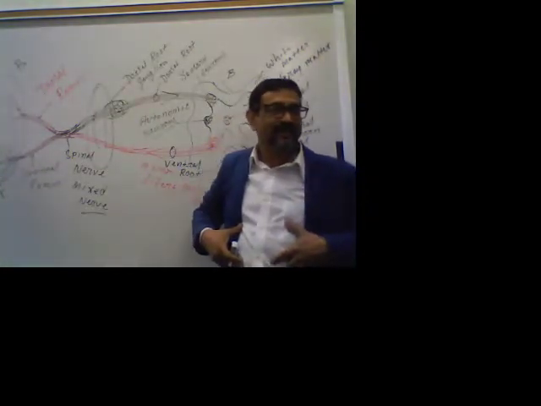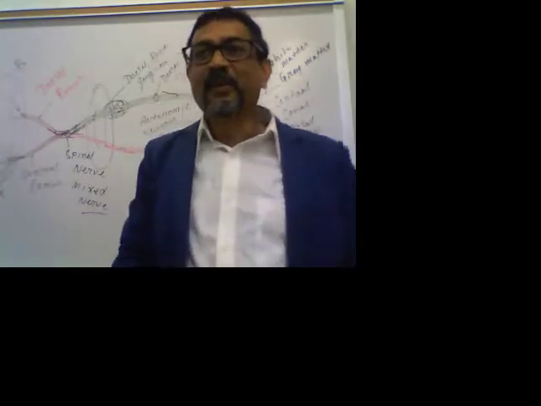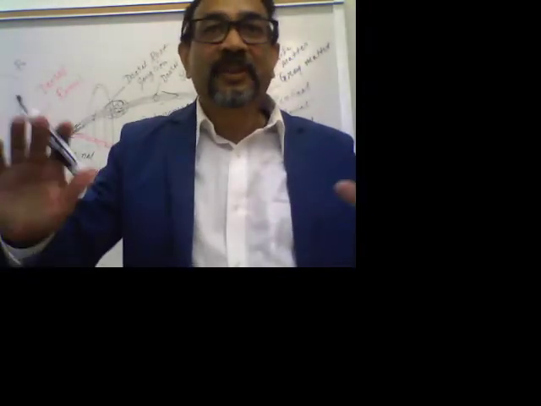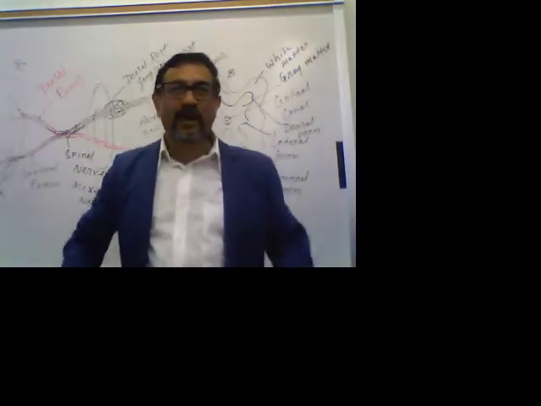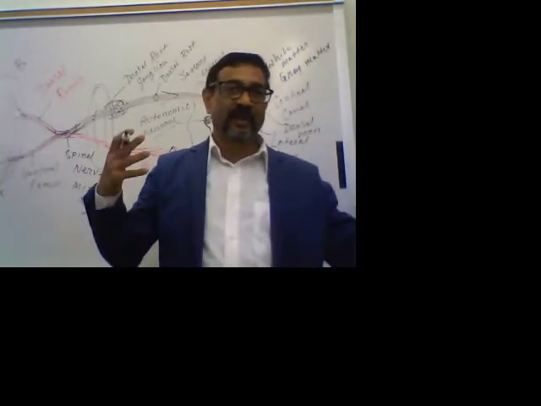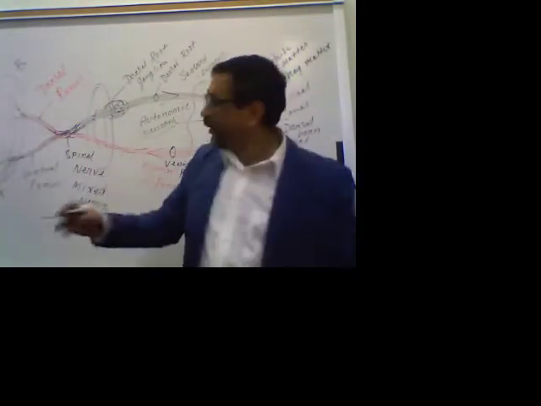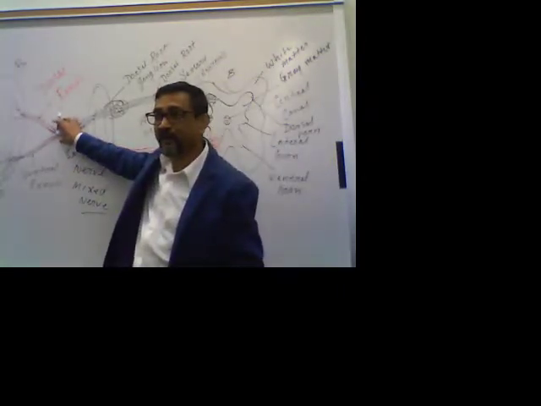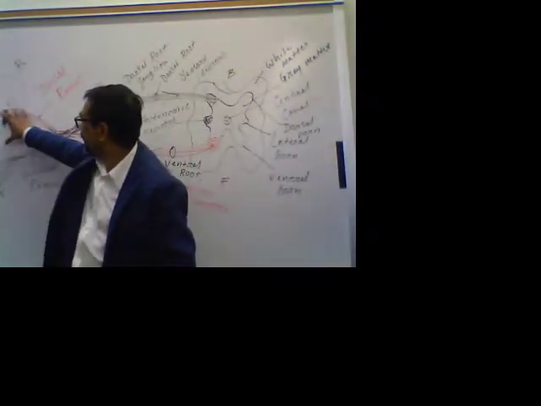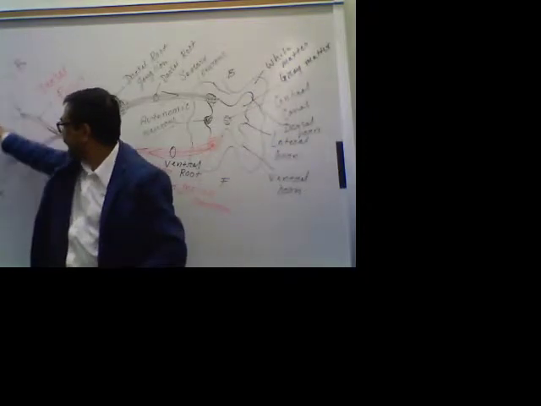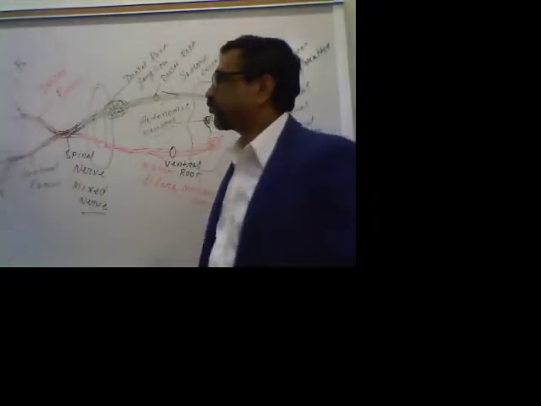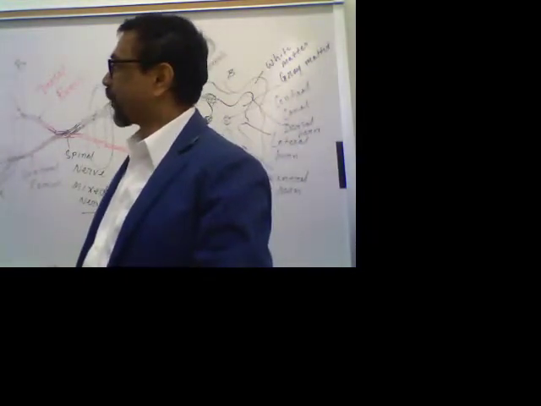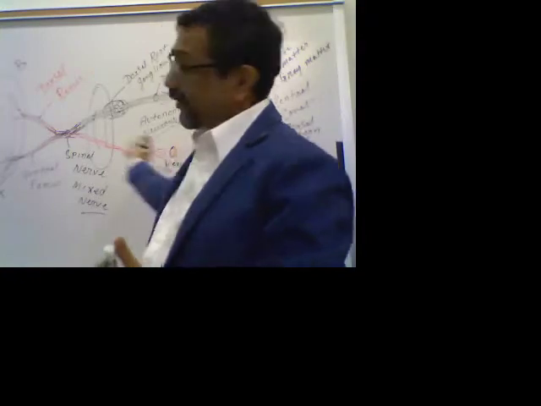Which should not happen, right? Everywhere in your body should get both sensory and motor. That's why the spinal nerve formation is very important. Then rami, and everywhere in your body gets both sensory and motor fibers, innervations.